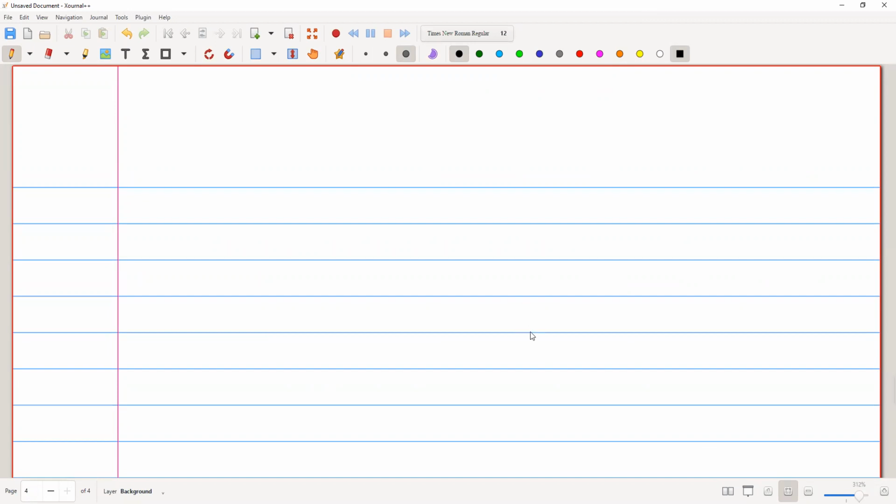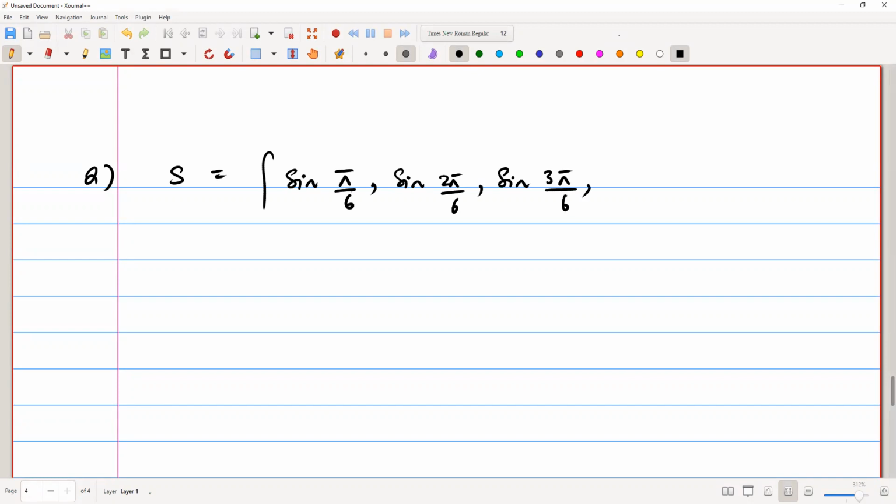Let's say that we have a set. The question is the set equals sine pi over 6, sine 2 pi over 6, sine 3 pi over 6, sine 4 pi over 6, and so on.